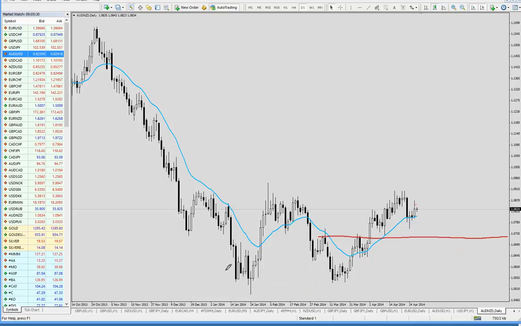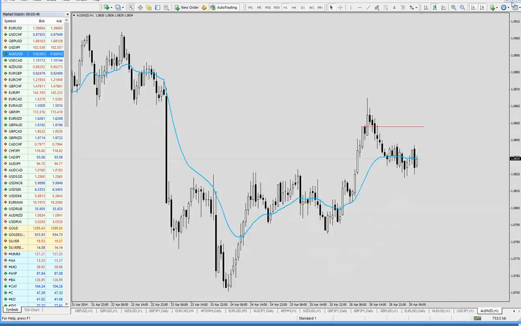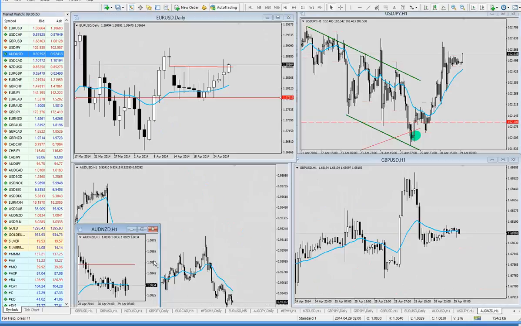But overall we would like to see the end of the range as a potential target here. And interest rates are higher in New Zealand. Am I right? Yeah. So that's the Kiwi. So let's leave it here.